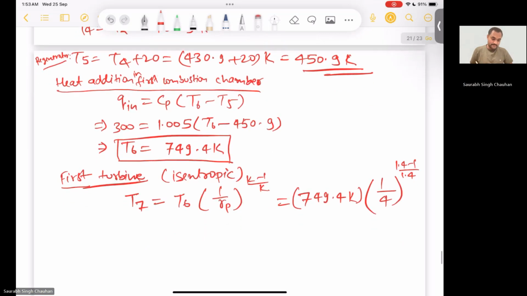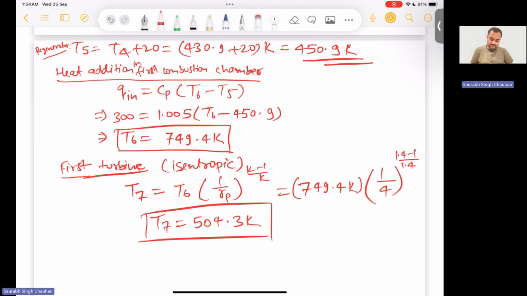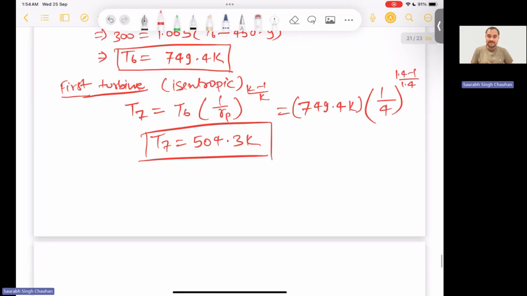This will come out to be T7 equal to 504.3 Kelvin. Again, I encourage you to do this calculation yourself and check if everything is fine.